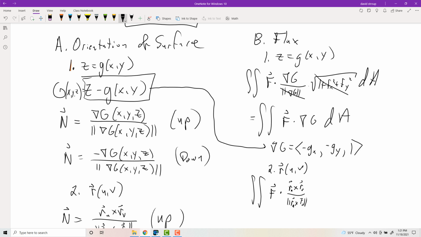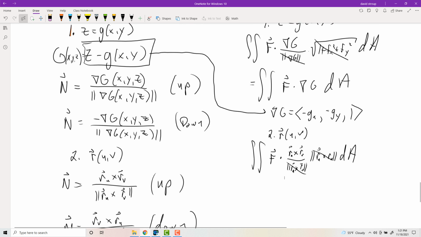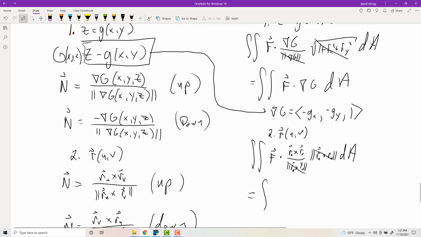But then dS, if you remember, what the heck is that? dS is really just the magnitude of RU cross RV times dA. So again, you get this nice little cancellation, and what you're looking at then is the integral of the dot product between the force field and this other thing, which will also be a vector, RU cross RV.